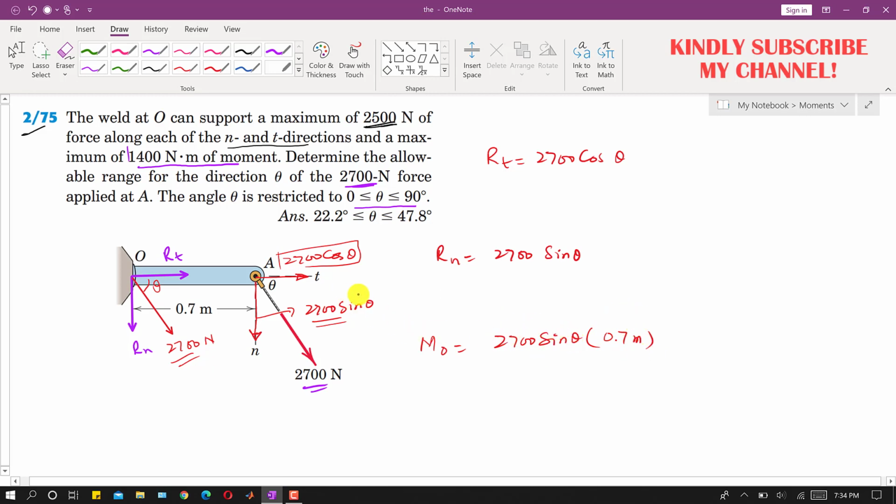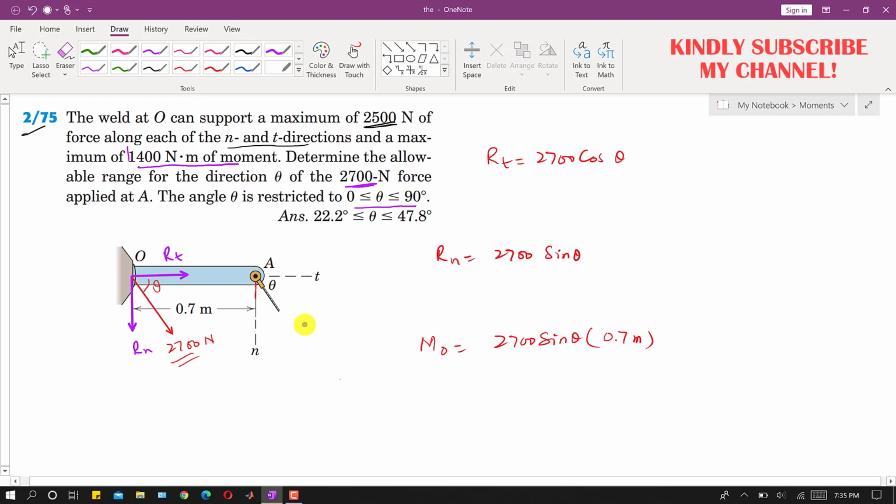So now if we replace this force by a force couple system, we will erase this force, and we will be left with this force 2700 Newton, which will have these two components, right?